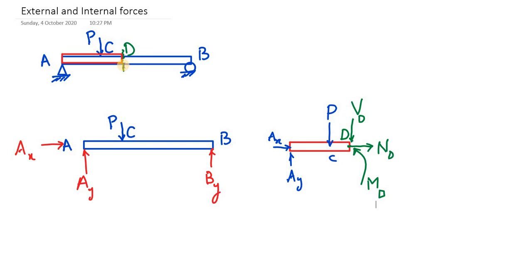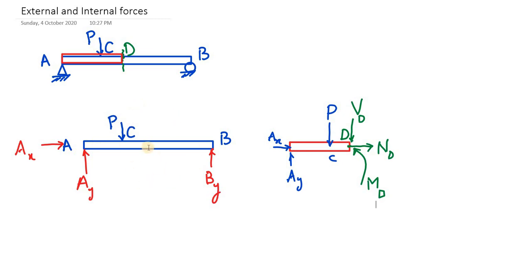So somebody may be confused: why didn't I show the forces ND, VD and MD in this beam? If they do exist inside the beam internally, why don't I show them in this diagram?